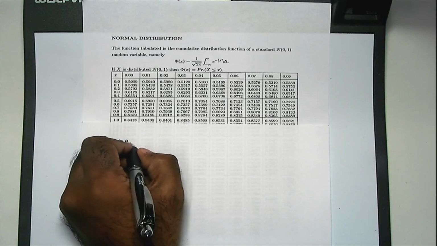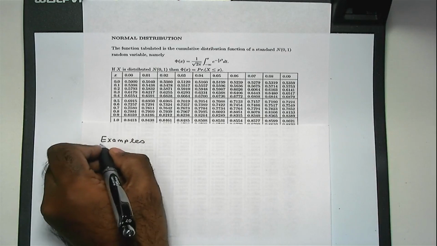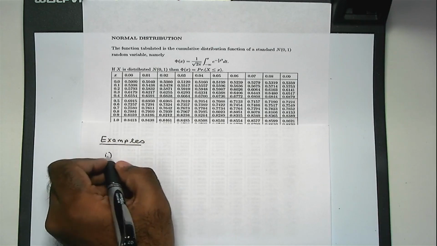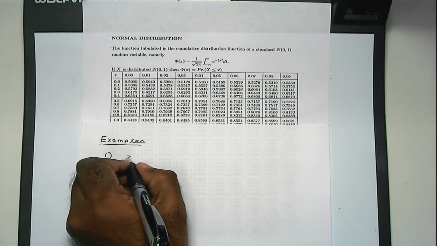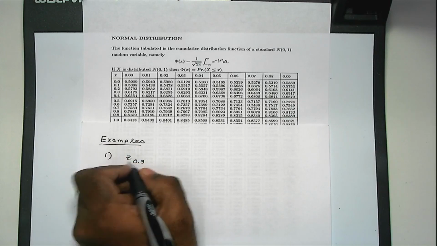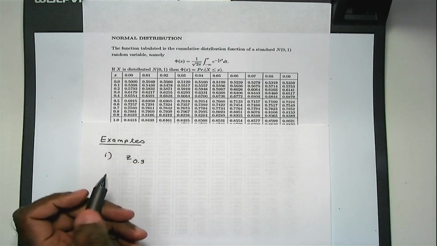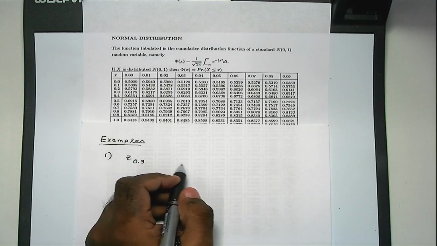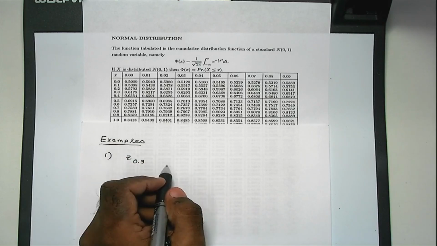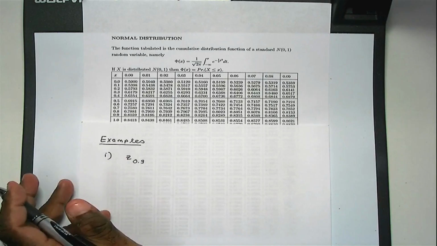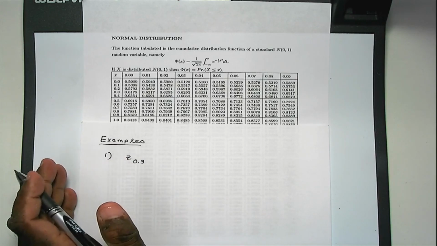Example 1. Suppose you want to read z 0.9. So in other words, you want to read the value along the horizontal axis of the standard normal PDF, and to the left of that value, you have an area of 0.9.